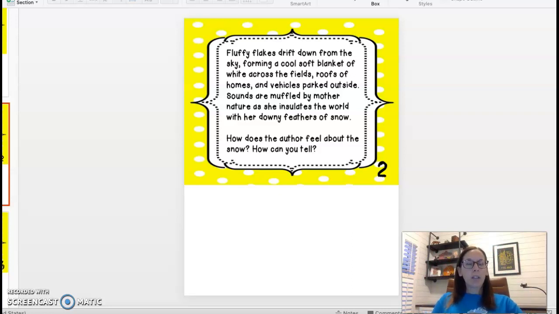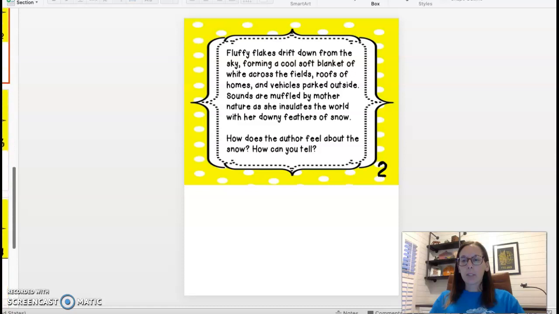And then the author goes on to say it's a cool, soft blanket of white. And then the sounds outside are muffled, meaning that you can't hear everything as well as you normally would because the snow is forming like a cushion almost, and it's insulating it. So I can tell that the author enjoys the snow, and it's very calming for the author.